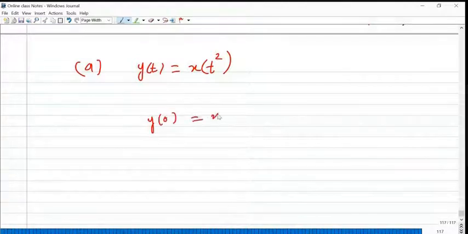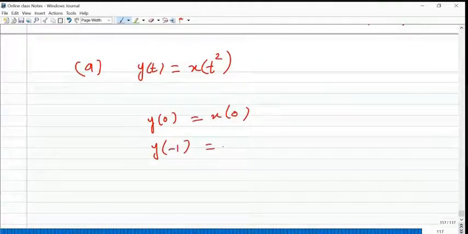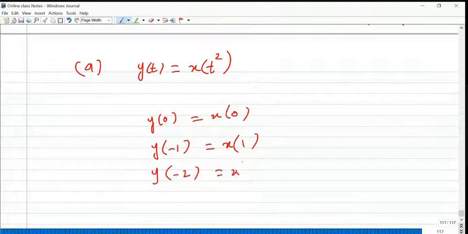Substitute t equal to 0, x of 0. Substitute t equal to minus 1, x of 1. Substitute t equal to minus 2, x of 4. So at present time t equal to 0, it depends on present input x of 0.